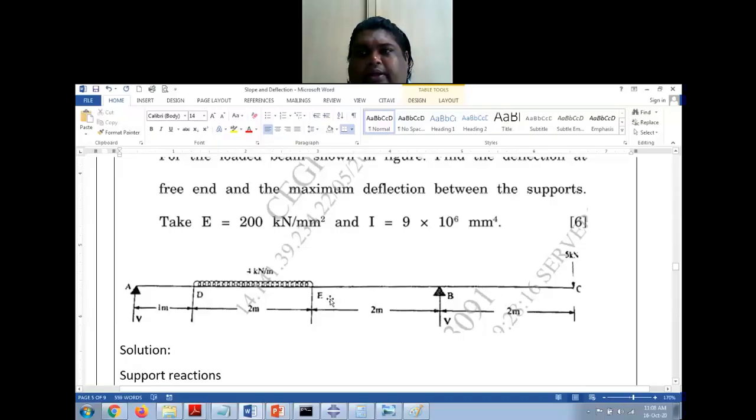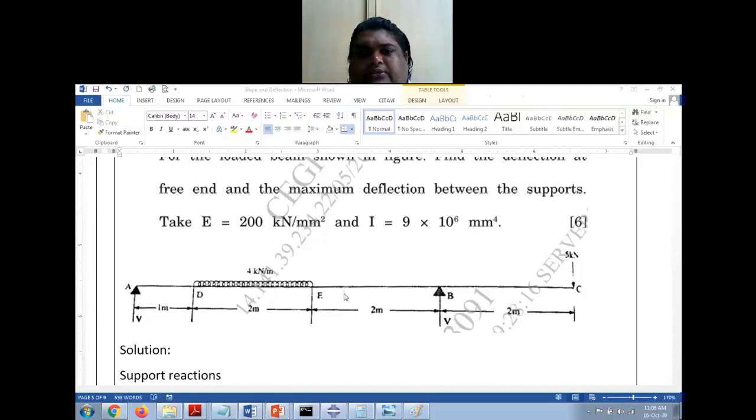So we extended it till the section XX. This was the XX. So from here to here, I extended it. So I will be doing a similar construction here also, a similar modification here in the load diagram. Extend this UDL till this section XX, and also apply an opposite UDL, that is from the bottom here, right?